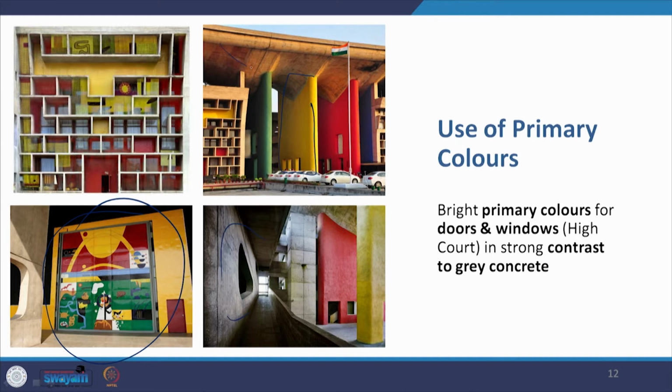So if the sunshade on top is in grey concrete, the pilotis are in primary colors. This kind of clash between a very dull grey and very sharp primary colors, and how amazing it comes across in front of us in these buildings.